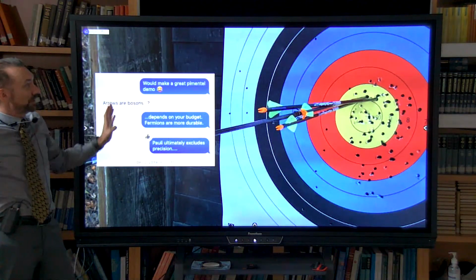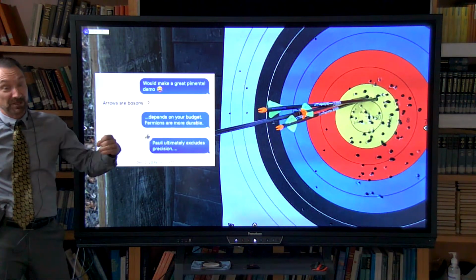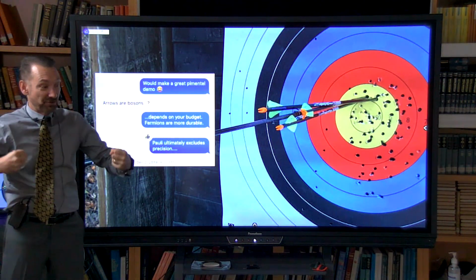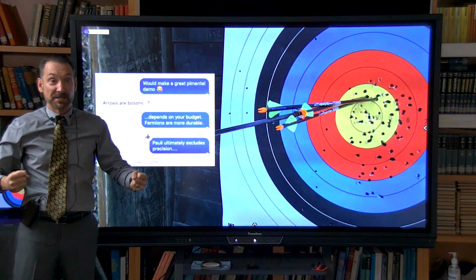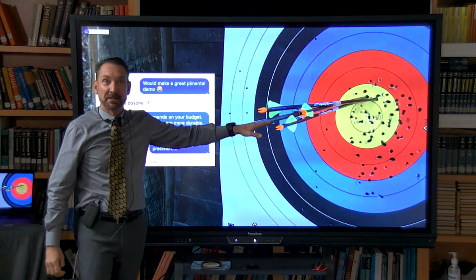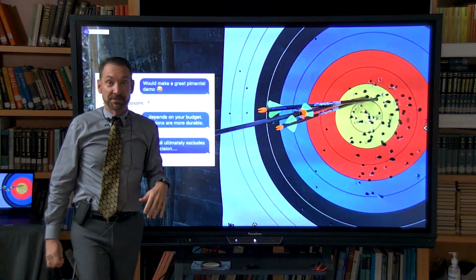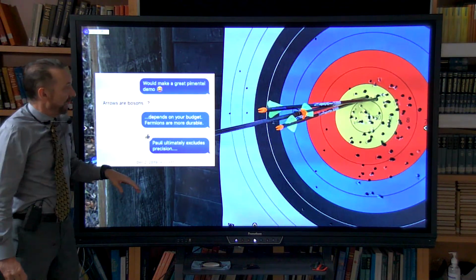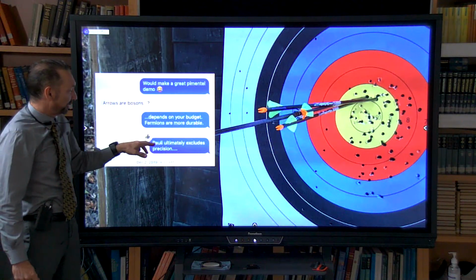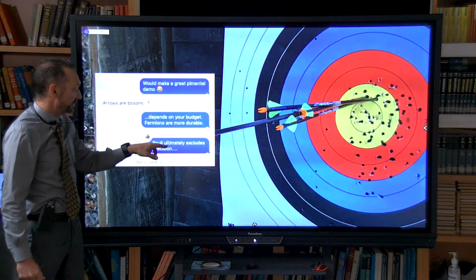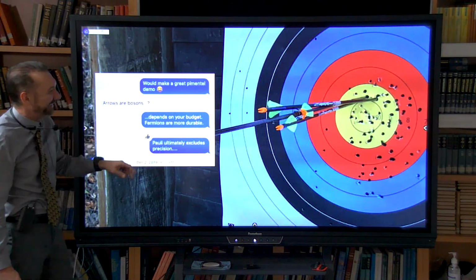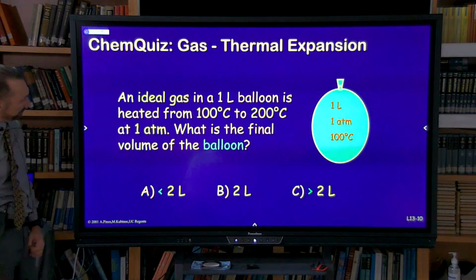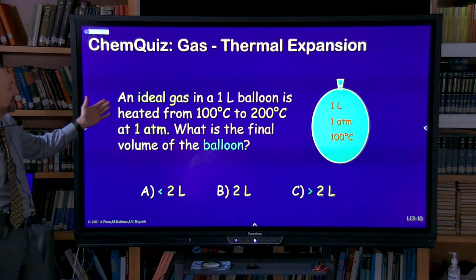So even though we know the atoms are mostly empty space, and we talked about that the first day of class, we understand now quantum mechanically they don't overlap, even though there's all that empty space, because they are fermion electrons and they cannot occupy the same set of quantum numbers. They can't have the same place in space. And you see I did the play on words. Pauli excludes precision. We are huge nerds.